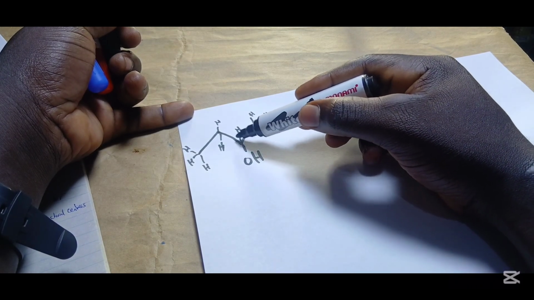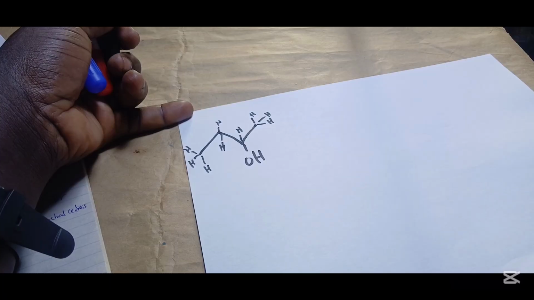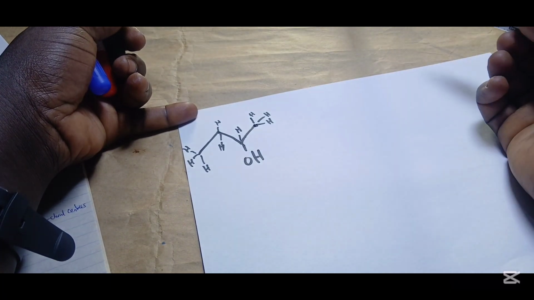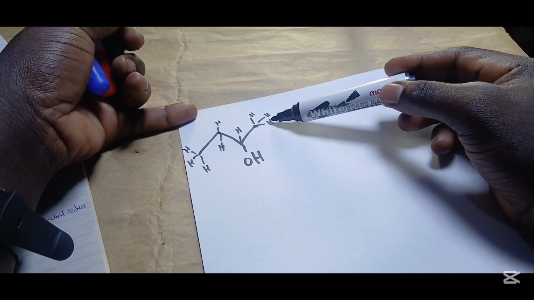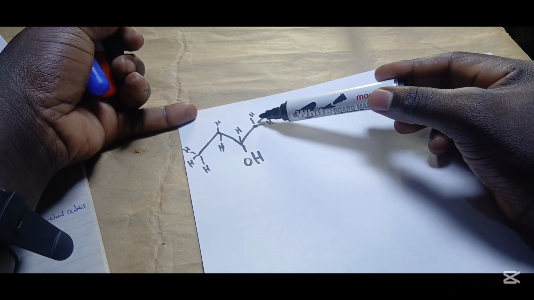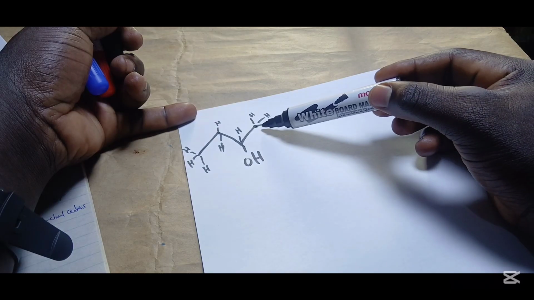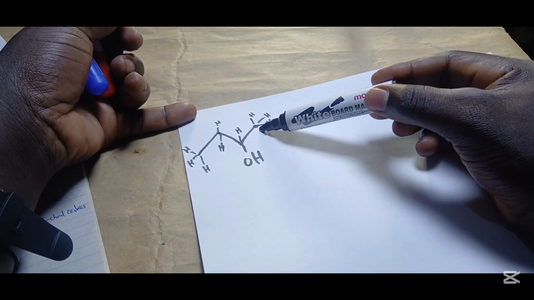So 1, 2, 3, 4 in all 4 bonds. So now, is this carbon here a chiral carbon? Definitely no. You could see 3 hydrogens attached to it. We are looking at a carbon that has 4 different groups. So definitely this carbon is not chiral.